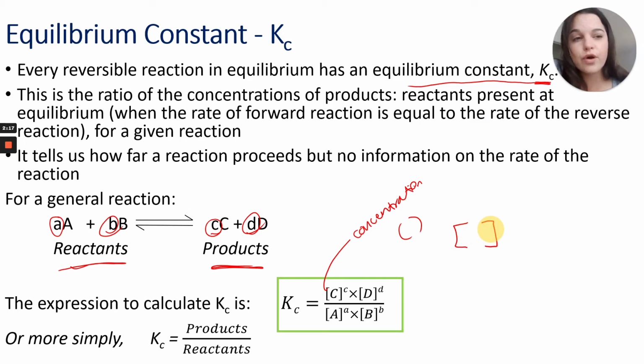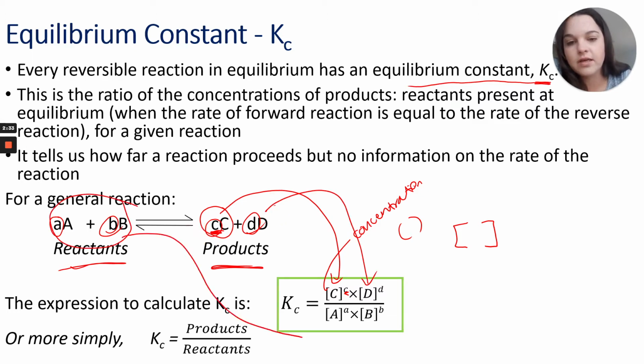Because it's product concentration over reactants, I'm going to take my first product, C, and put it in here, to the power of whatever the number is before that species. Likewise D, and then I'm going to put A and B on the bottom as those are my reactants. Also really important, these are multiplied together, they're not added together.